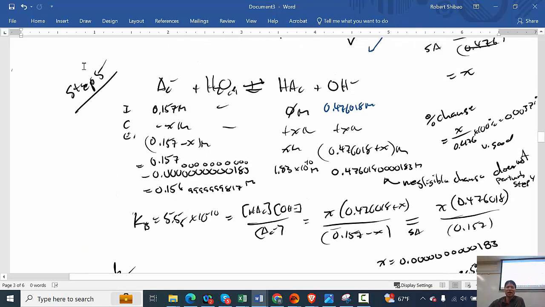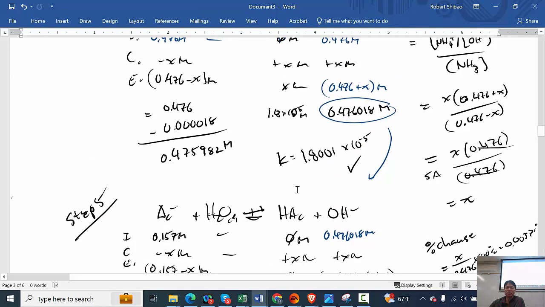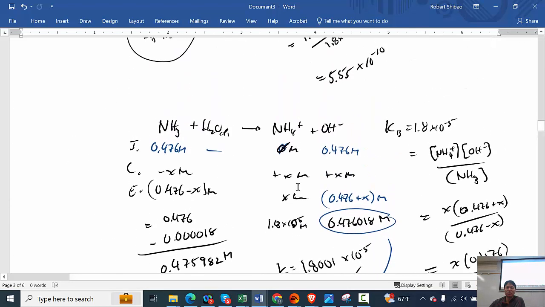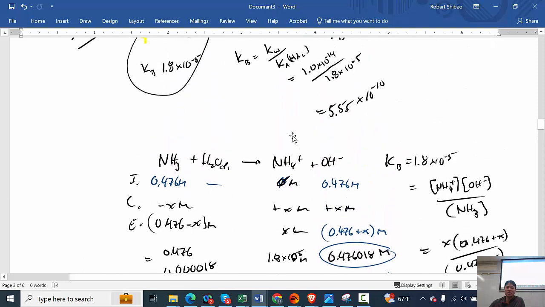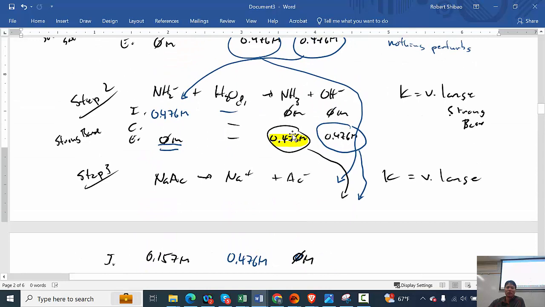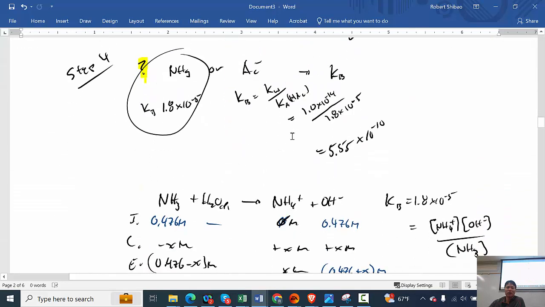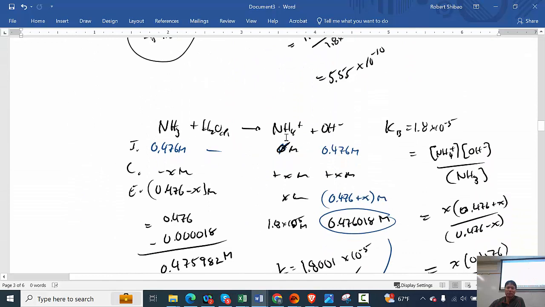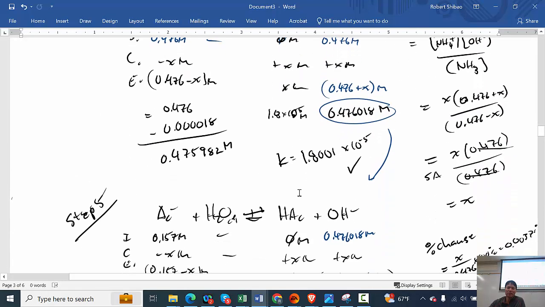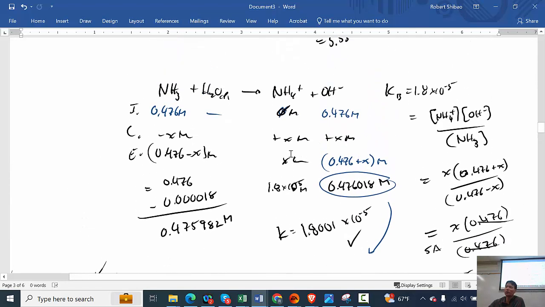Didn't we make some acetic acid? Yes, we did. We made some acetic acid here. We have some ammonium. Ammonium's an acid too. So we have some acid here. We have ammonia, ammonium and acetic acid. So should we do the Ka for acetic acid or ammonium before we do Kw?